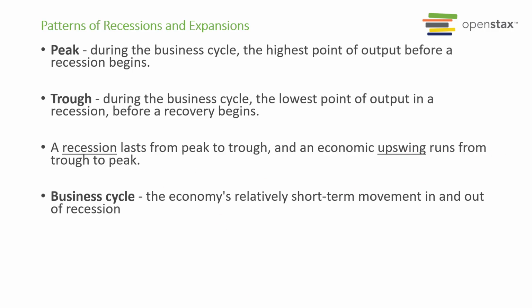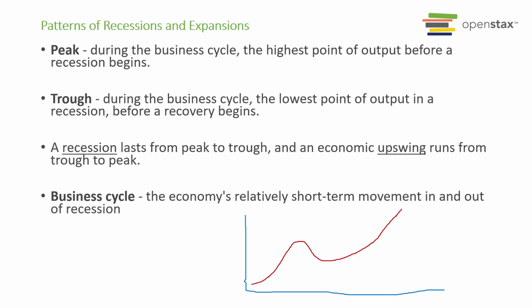So that might look something like this. Bear with me here because I'm about to make a mess. But in any case, let's say we have something that looks like this, and we go through a peak followed by a trough, and then we continue to grow.